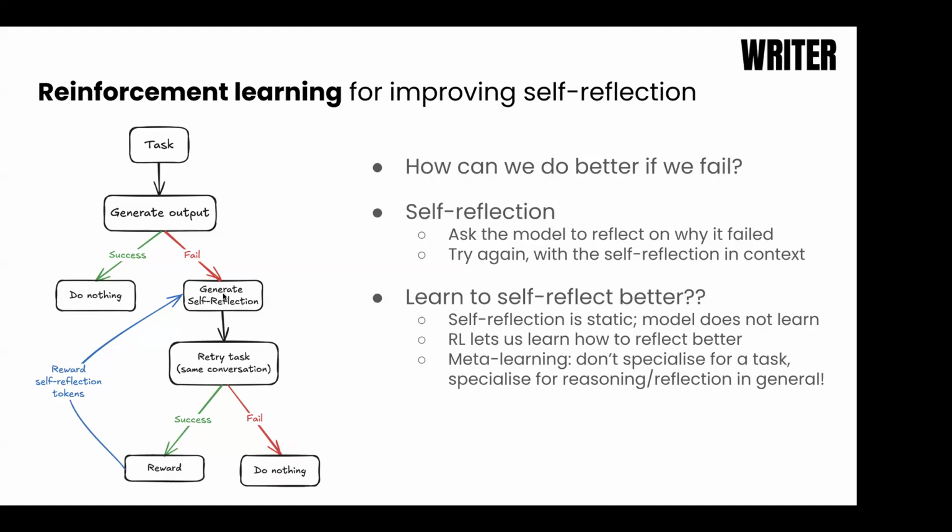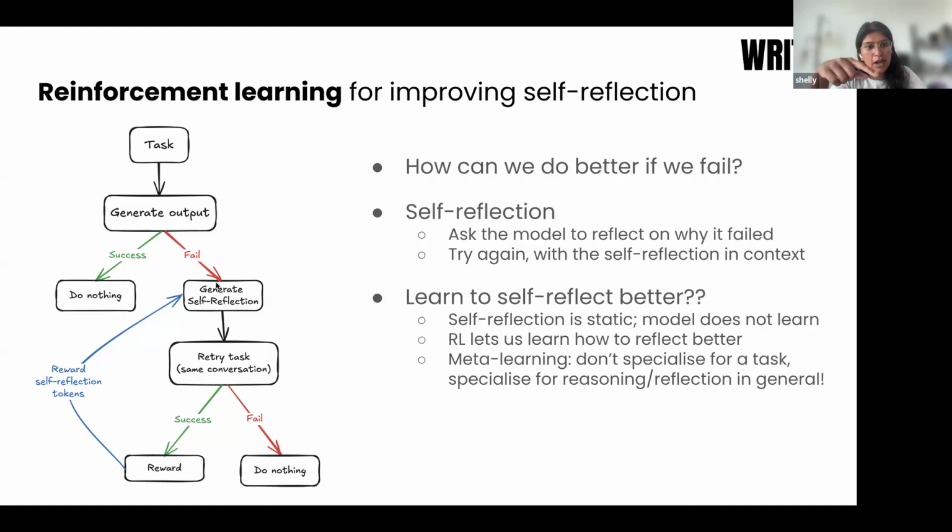That's what you're rewarding for that particular path. Yeah, exactly. So after the failure, we prompt for self-reflection, and the prompt is something like, you got the wrong answer, please reflect on what you did wrong so you can get the right answer next time. And then whatever the model answers directly after that, that's exactly what we reward.